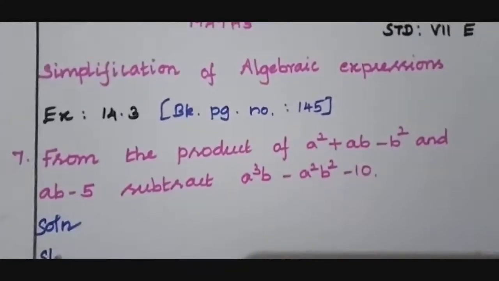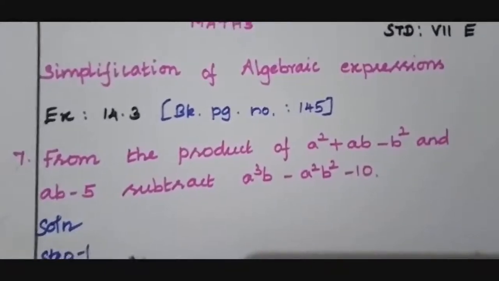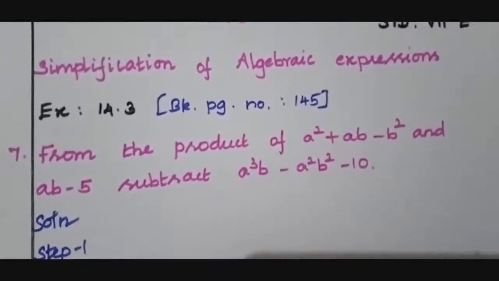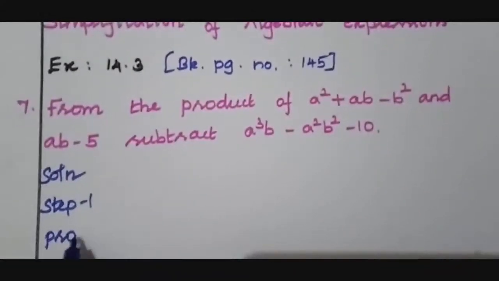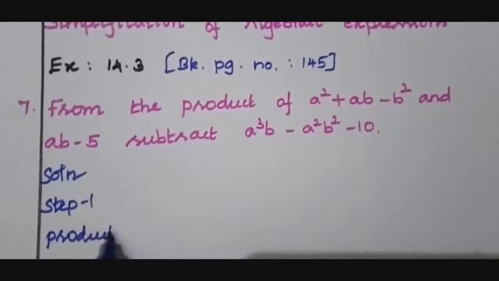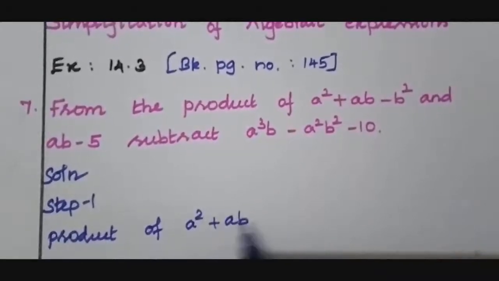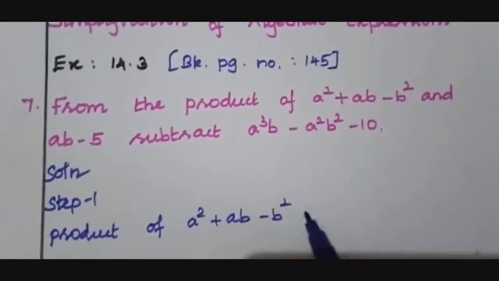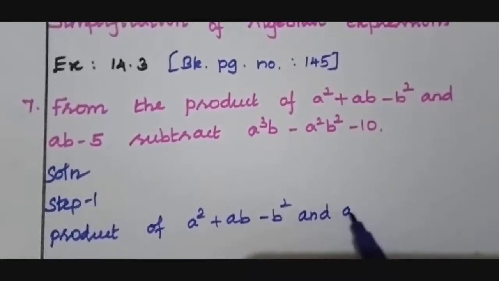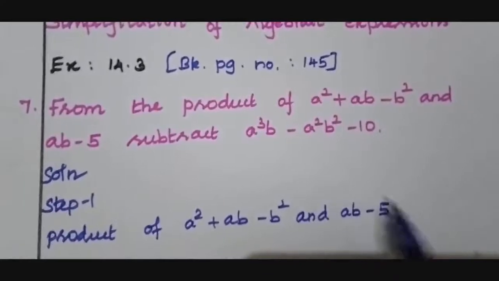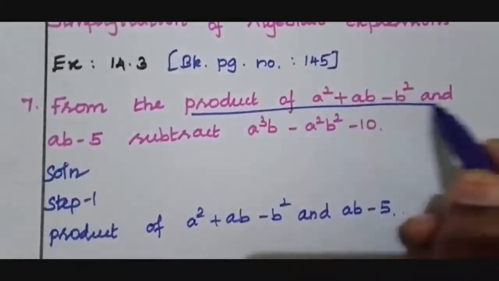Step 1, you have to find out the product of a square plus ab minus b square and ab minus 5. So this is your first step.